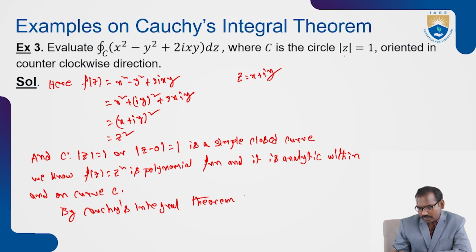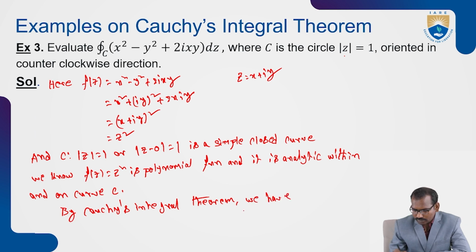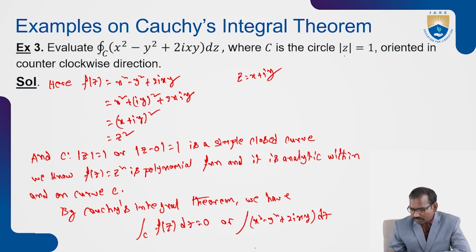We have the integration along C of f(z) dz is 0, where f of z is x square minus y square plus 2ixy dz.